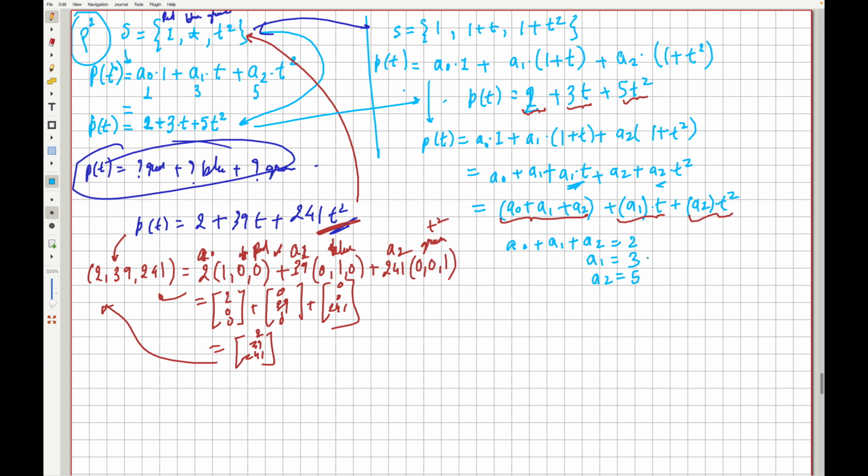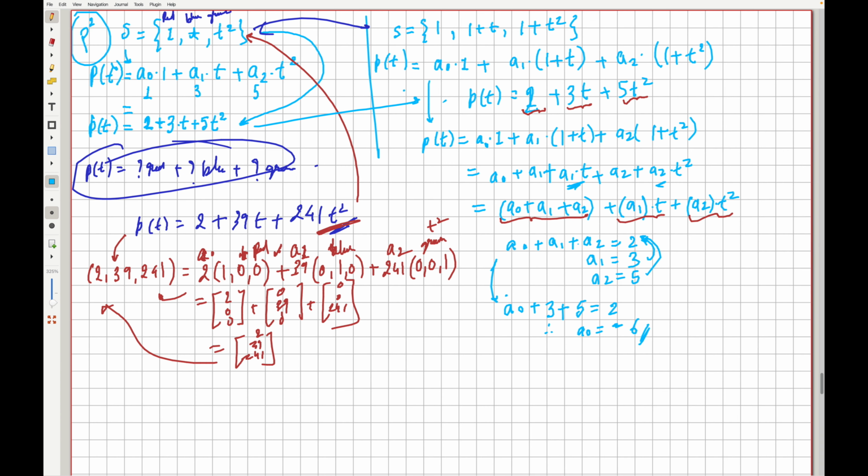If we plug these two values in here, we can get the value for a0. So a1 is 3 plus a2 is 5, that's 8. And so the value for a0 is 2 minus 8, that is minus 6.